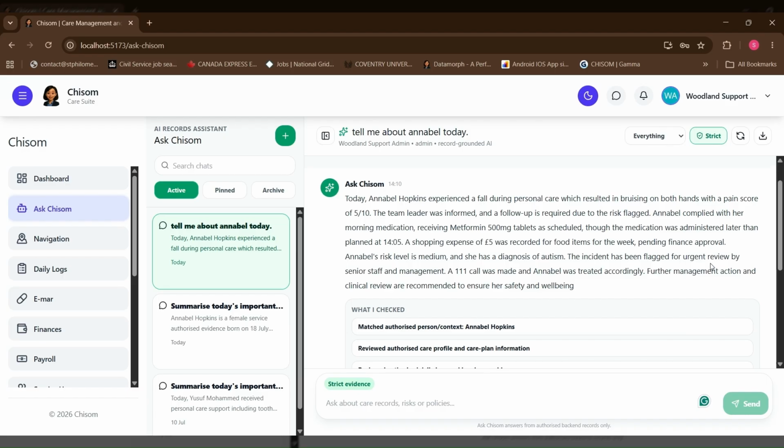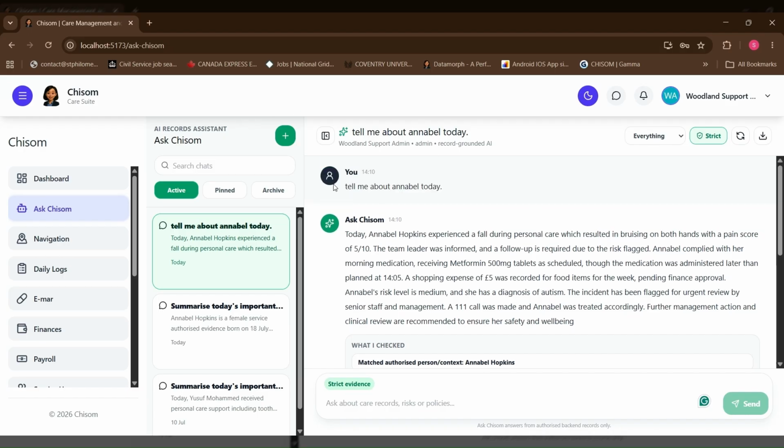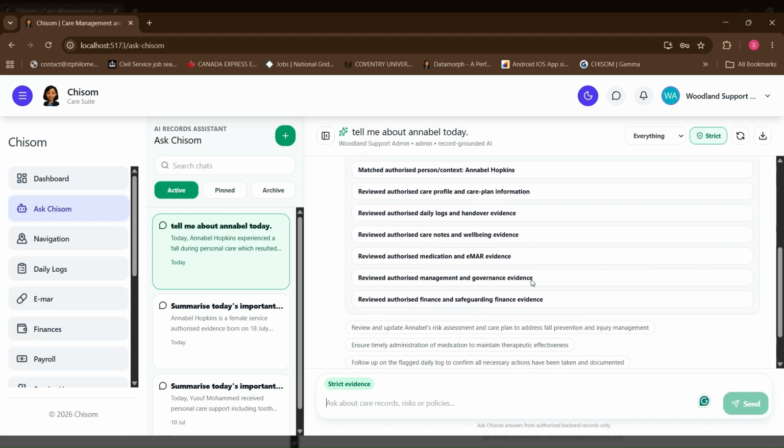But with this AI system, all they have to do is say, tell me about this service user today, just like I wrote here: tell me about Annabelle today, and it brings out all the information about the service user. So that is actually innovative.